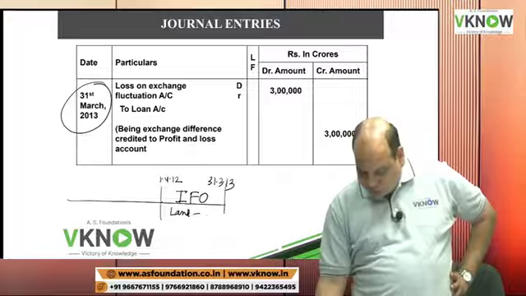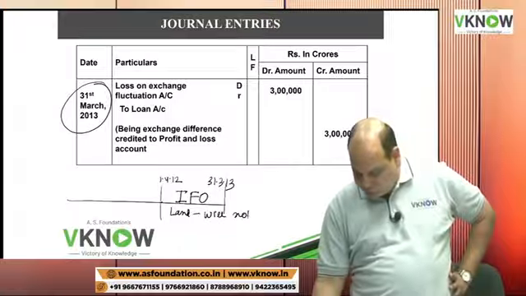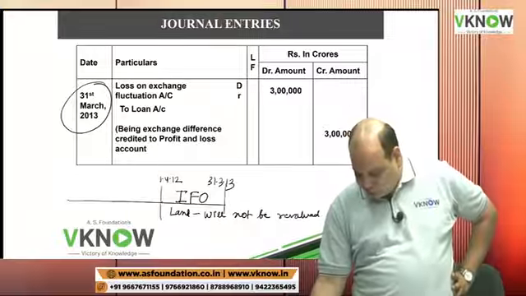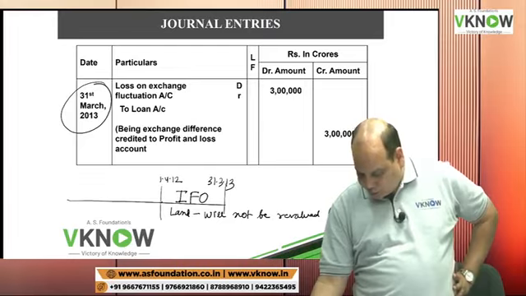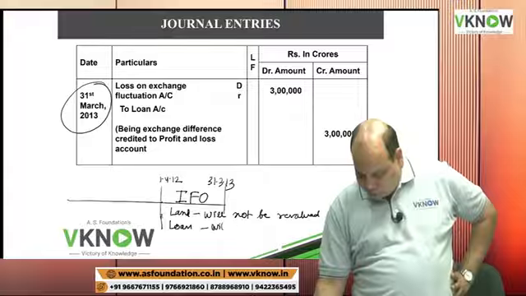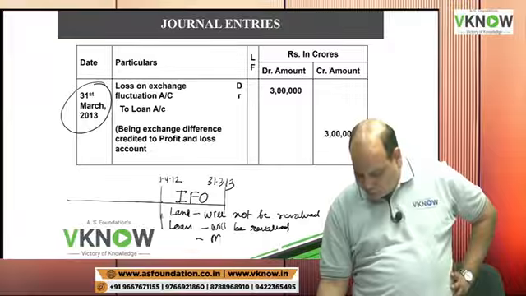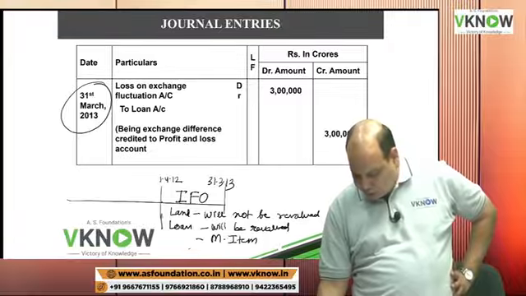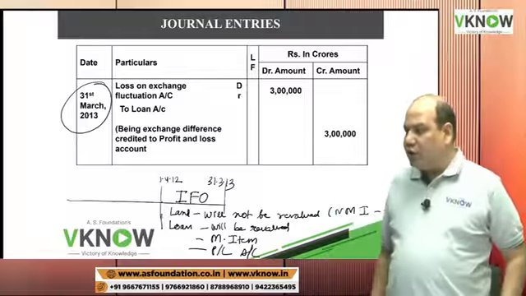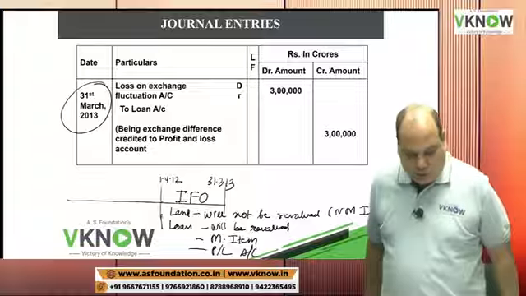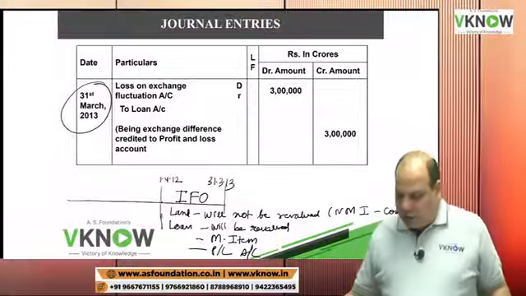Henceforth, land will not be revalued because it is a non-monetary item carried at cost, whereas loan will be revalued. Loan will be revalued because it is a monetary item, and the difference this time will not be transferred to FCTR, but to P&L account. So that was very interesting.